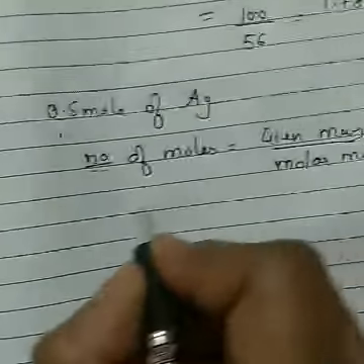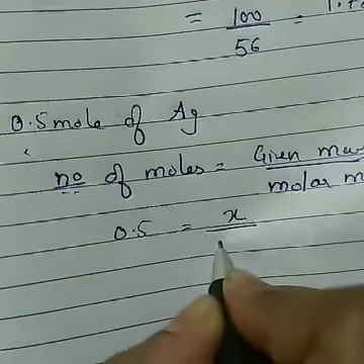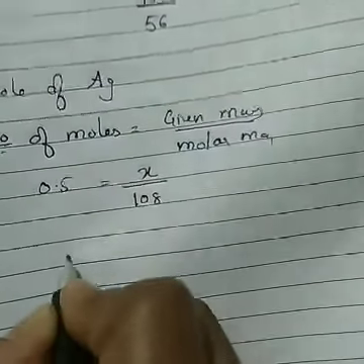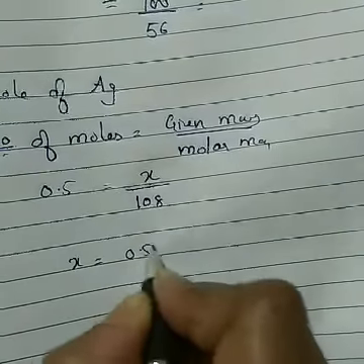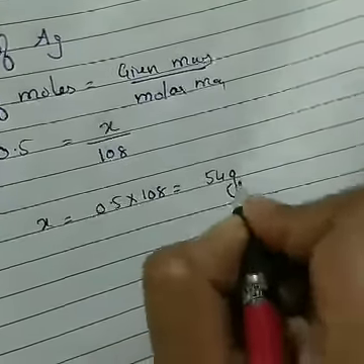What is number of moles? 0.5. Given mass is x. What is the molar mass of silver? It is 108. So x is equal to 0.5 into 108. It comes as 54 grams. Okay, so in this way you have to do the sums.